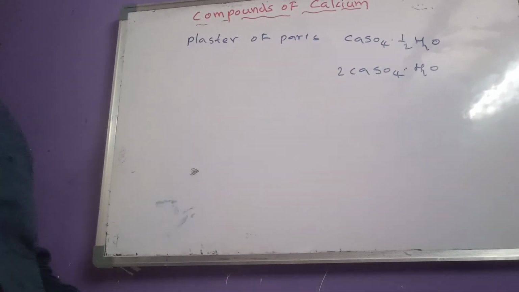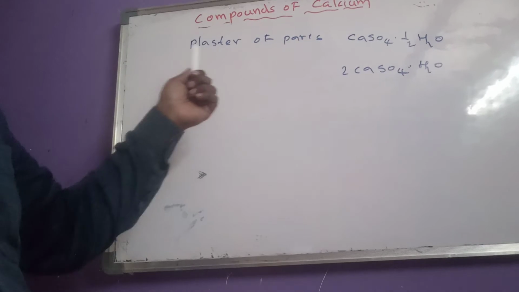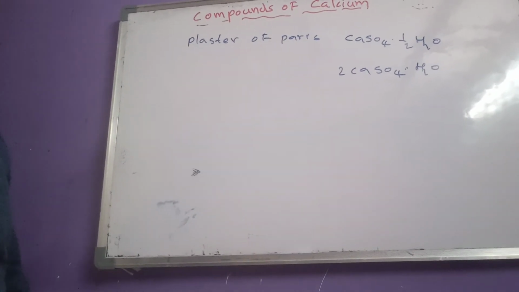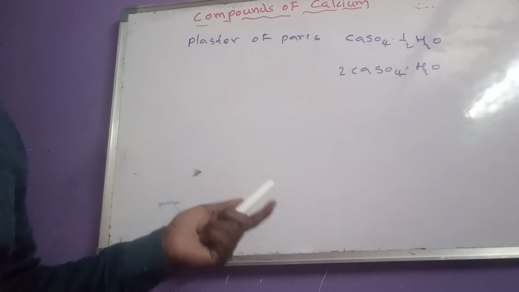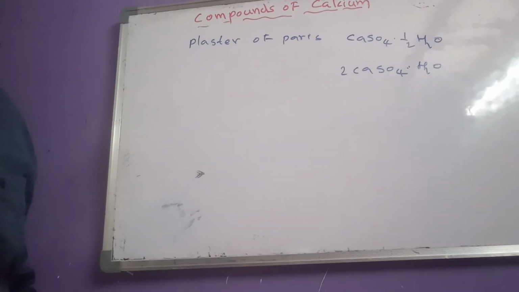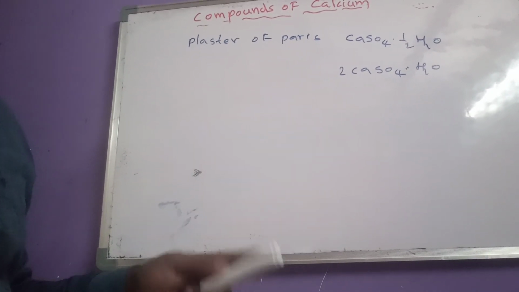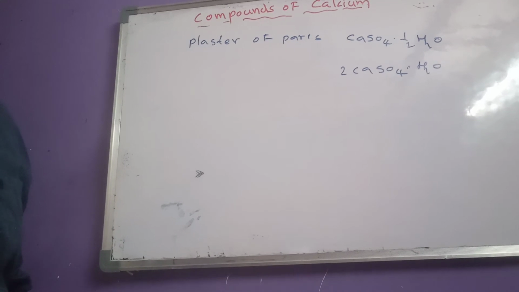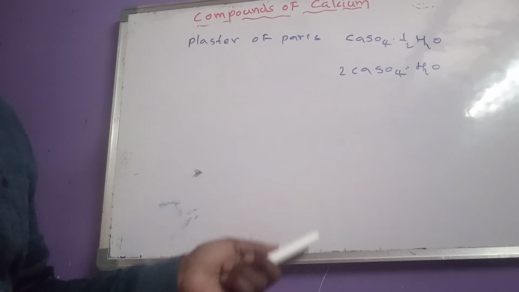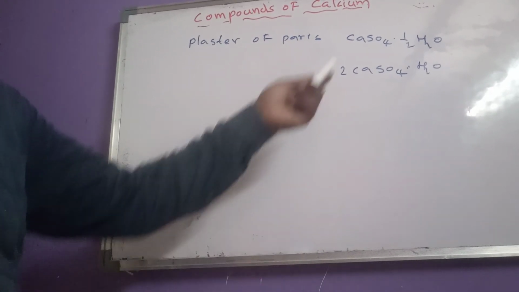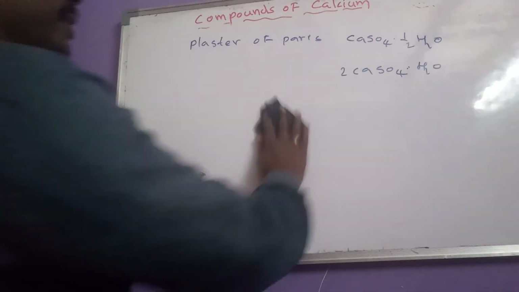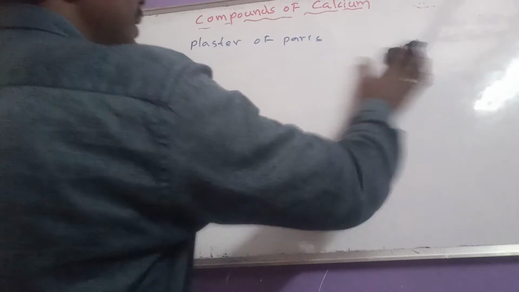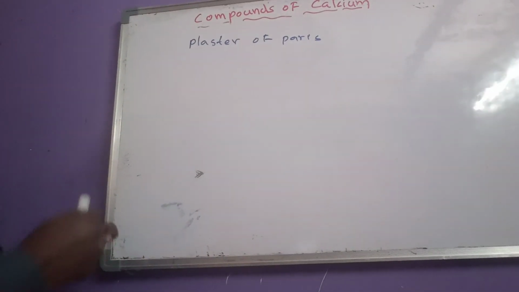Both indicate the formula for plaster of Paris. We have already observed its preparation: heating gypsum to 120 degrees centigrade, it loses 3 by 2 moles of water and forms plaster of Paris. Now let us see some important properties of plaster of Paris.